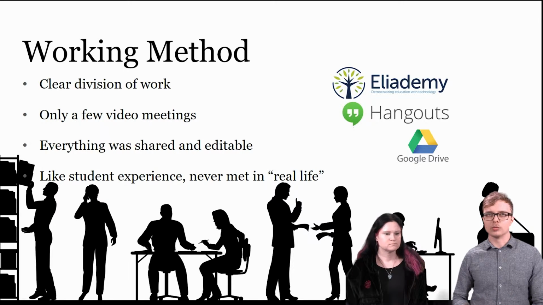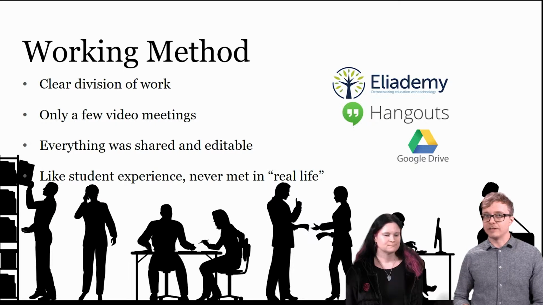What we had in the course was a very clear division of work. When we planned the course, the three of us divided the work so that there were three sections in the course, and each of us had one section that we were responsible for. Then we started working on that section, and of course giving feedback and comments to each other all along the way.